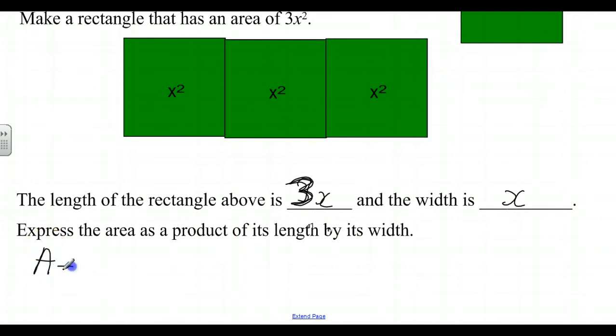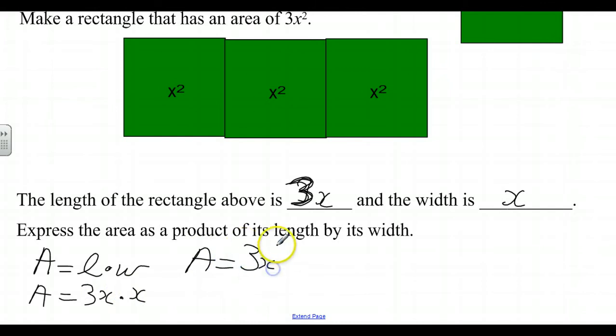What did you say area was again? Length times width. You write the formula out every time. So formula, substitution, and answer, 3x squared. In this case, really the squared's in there, but it's 3x squared units.